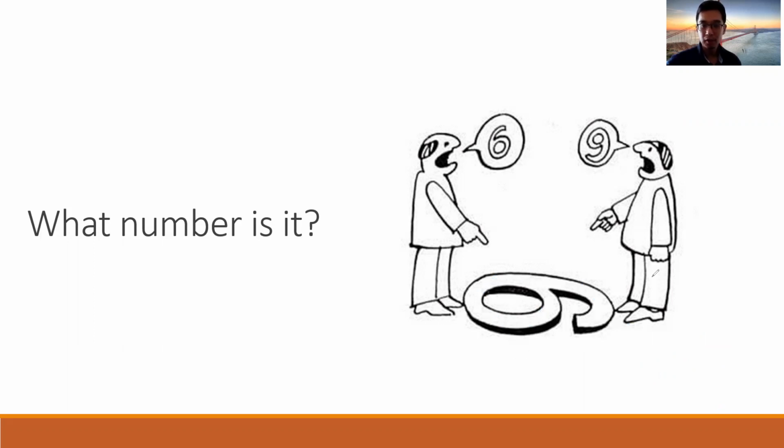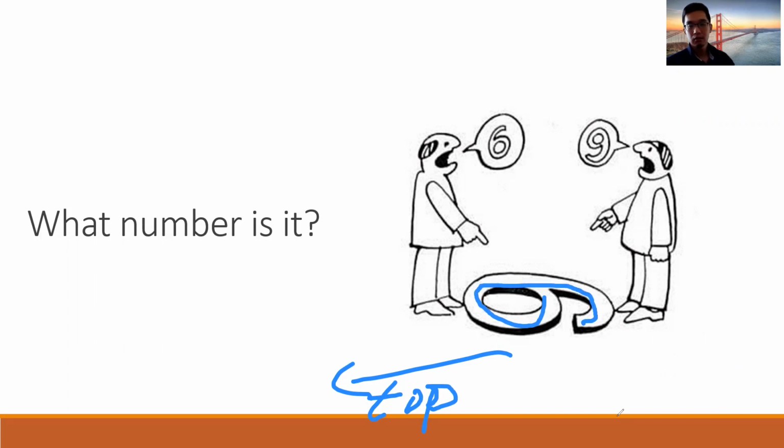That also makes sense, because from his direction, this direction is the top. So that this is a 9. That also makes sense. So that's the same object, same thing, but different people think that's a different number because they say different things.